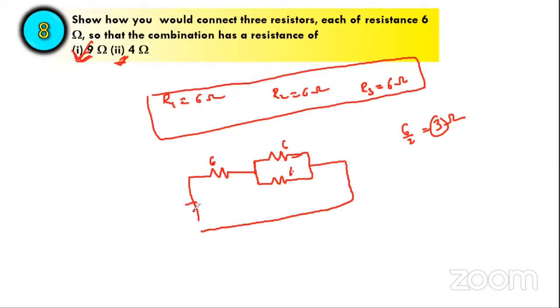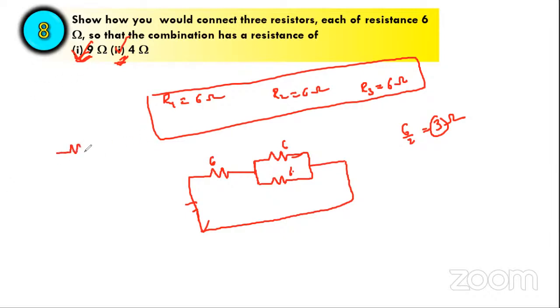Then what about the second one? Try to draw the diagram. If you connect all 3 in parallel, how much do you get? Check fast, there is no other combination.